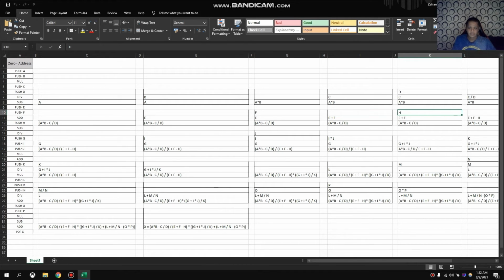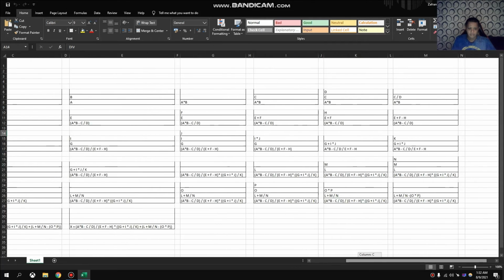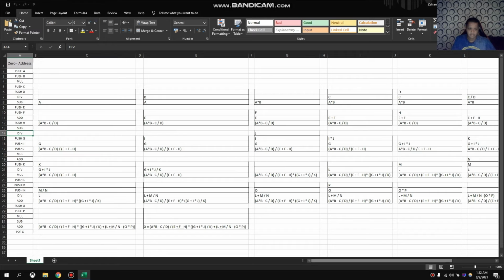Then we continue with line 12, which is push H. After that we do SUB: after we do E plus F, we have to subtract H, and then we do the division over here.